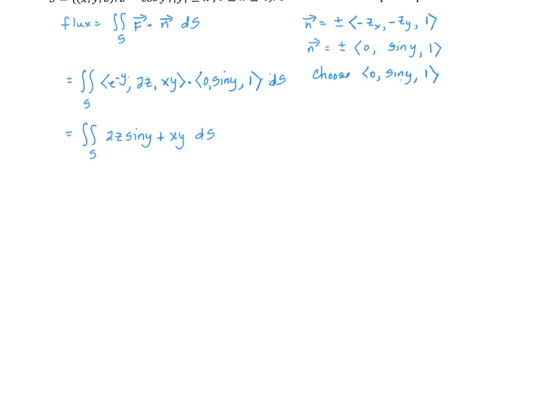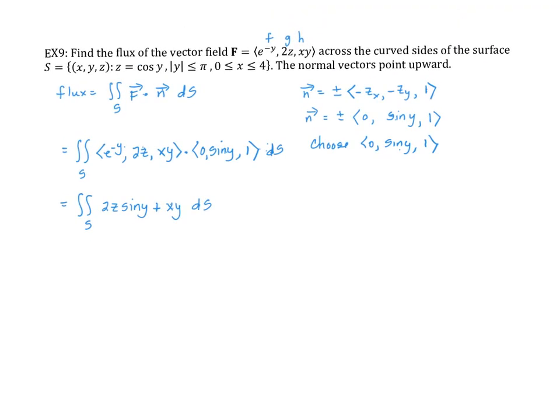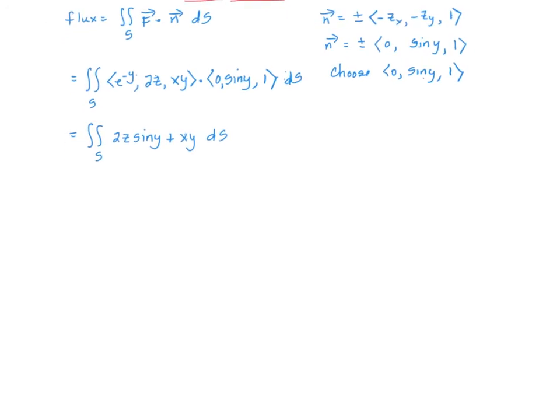Now I need to figure out my limits of integration. But luckily, those are already given to me in the problem. Going back here, I'm already given that the absolute value of y is less than or equal to pi, and x values are from 0 to 4. So if I was going to describe this surface in terms of x and y, if I do the x on the outside, it's going to go from 0 to 4.